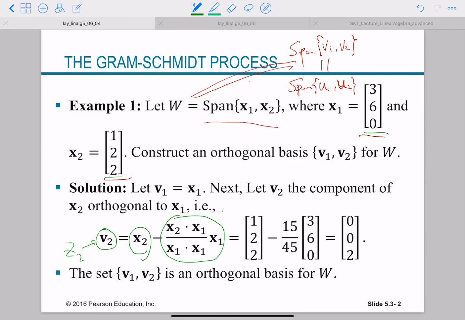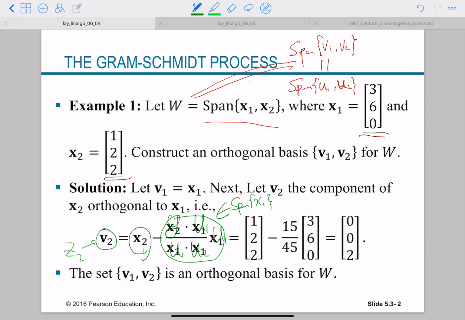Okay, so this part is the span of x1, right? And then this works as y, and this works as u1. So this is the familiar orthogonal projection formula, right?